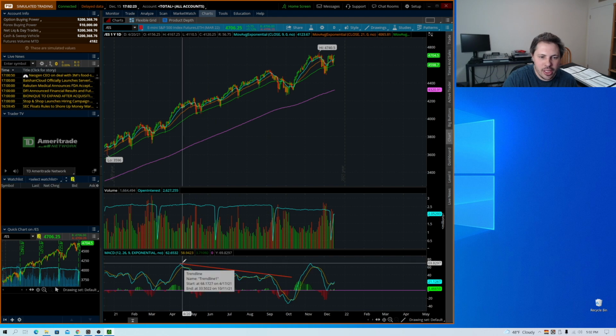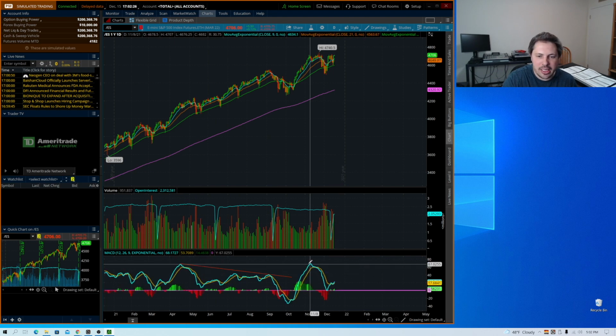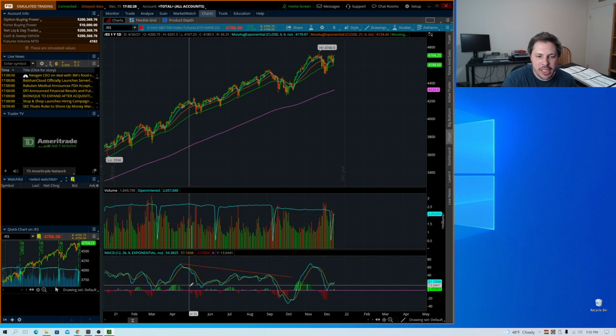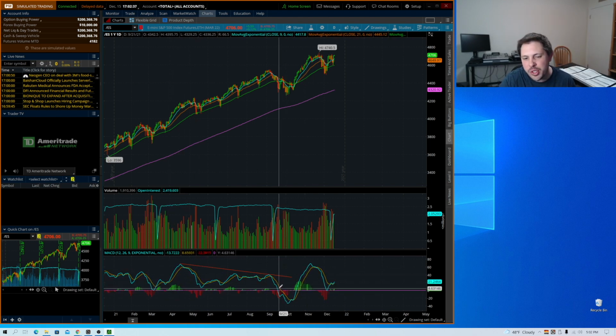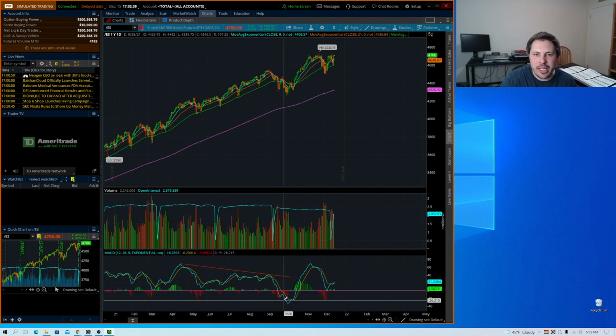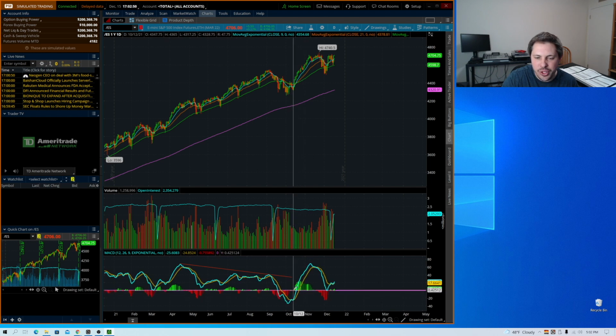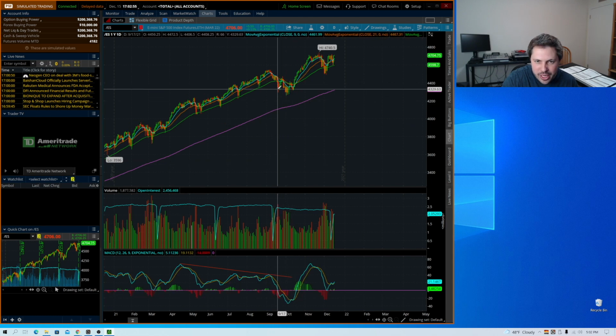So this is a lagging indicator, right? It's based upon averages, but the way that it works is you have this yellow moving average, and then you have this trigger line, and then you have this histogram. And we can see that, for instance, when it's down here below the 0 line, and now that trigger is moving above the moving average, and now the histogram is starting to become more positive, we can see that the trend is changing.